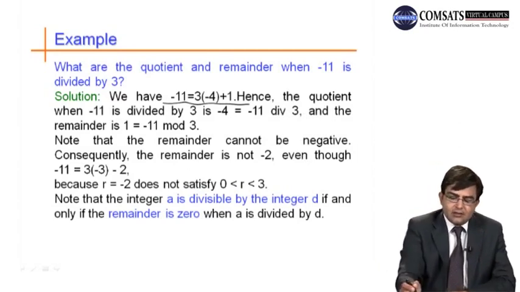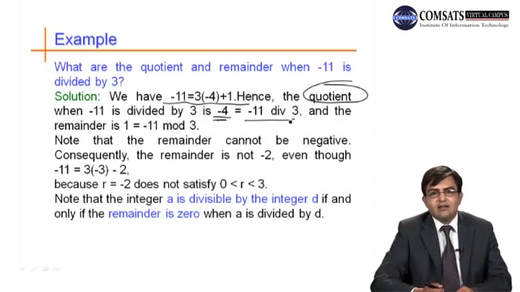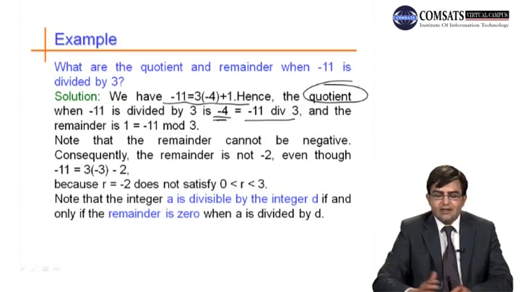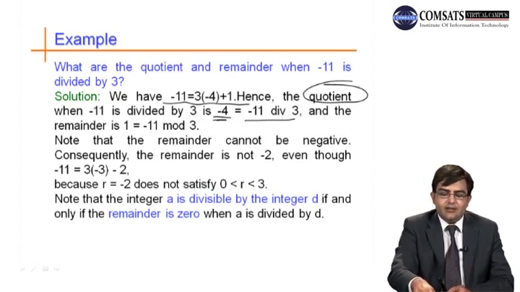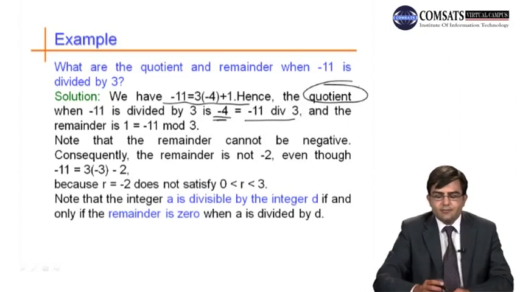So how do we write the quotient? The quotient is minus 4, and we write it as minus 4 is equal to minus 11 div 3. Basically, if we divide minus 11 by 3, we get minus 4 as a quotient, and we write it like this.